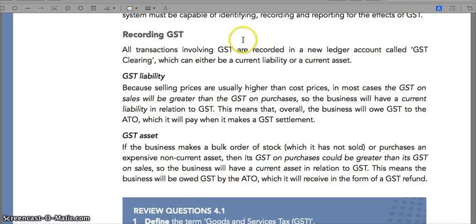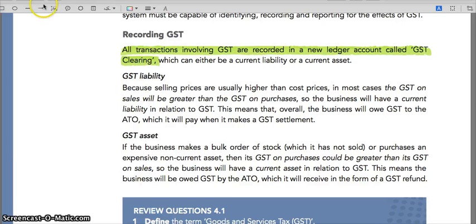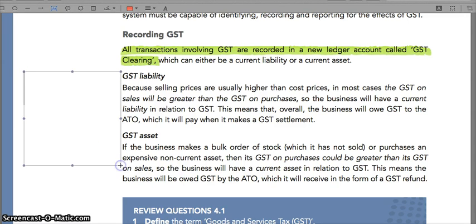So all GST must be recorded in a new ledger account called the GST clearing account. This is probably the most important thing that we need to remember about GST, is that it works basically the exact opposite to the way you think it would work.